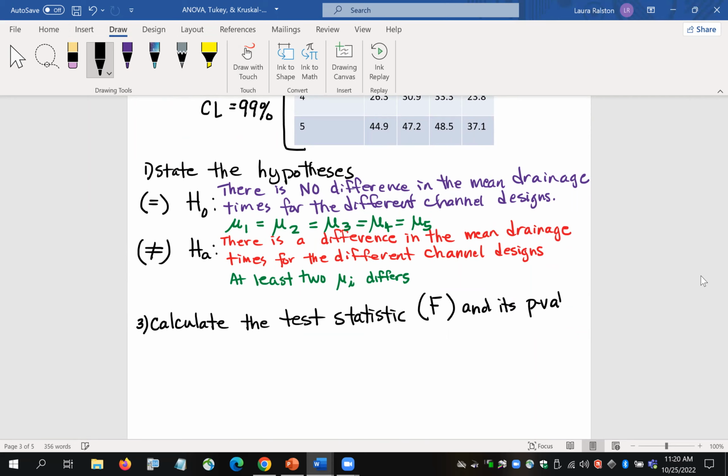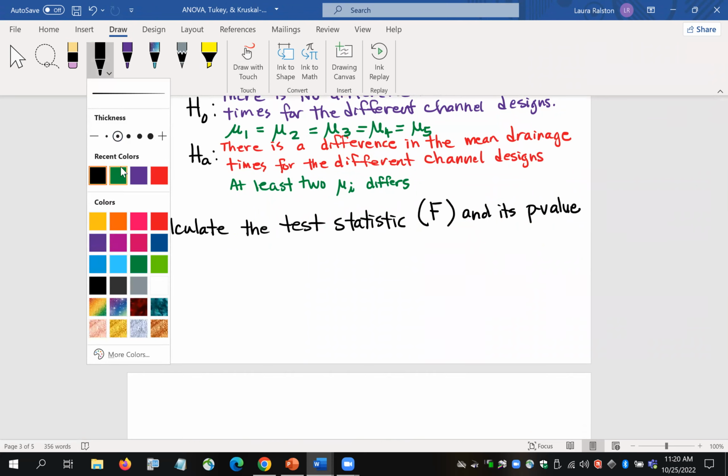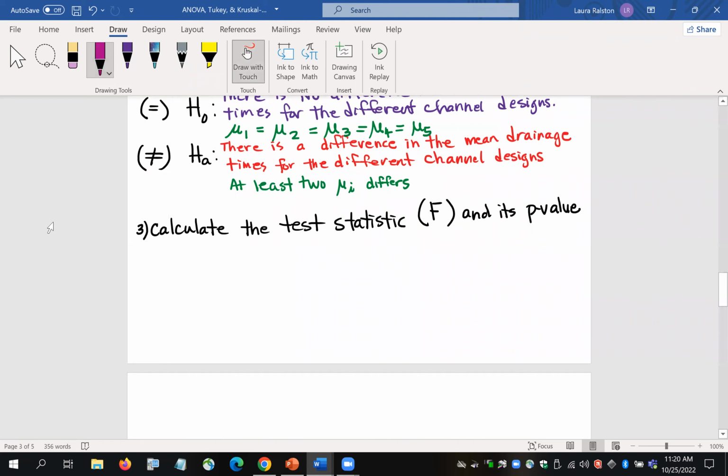And we talked about what all goes into that calculation, I believe, last week. So if you were not here for that class, you may want to go back to catch some of that detail. Now, guys, remember, we don't do this by hand. We use Minitab to do it.